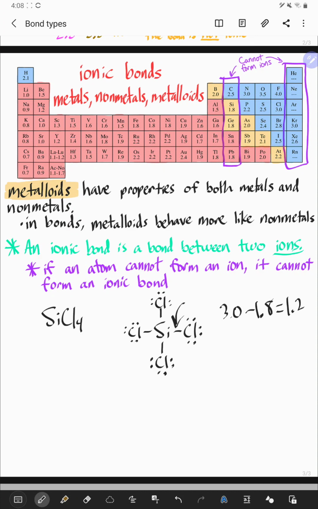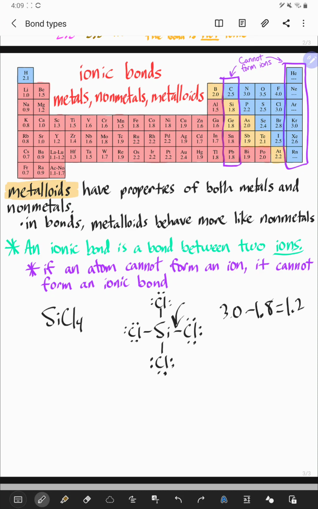Something else I want to touch on in this video is that an ionic bond is a bond between 2 ions. That's literally where it gets its name. So if something is not an ion, it's not going to be part of an ionic bond.